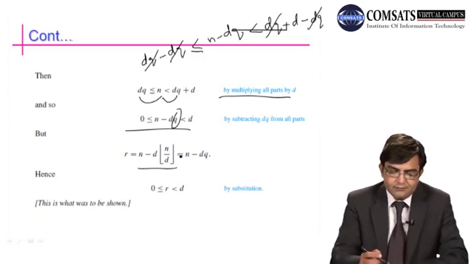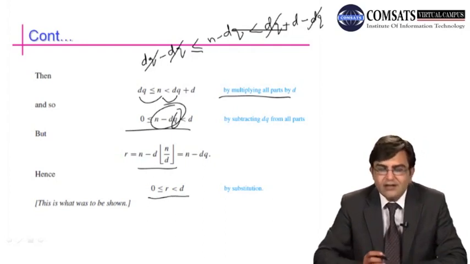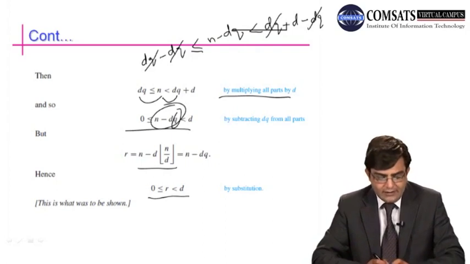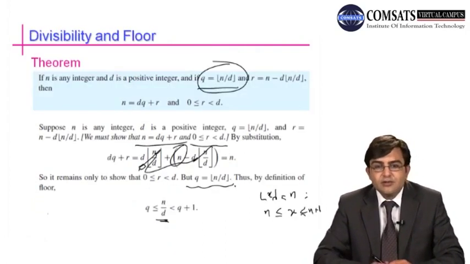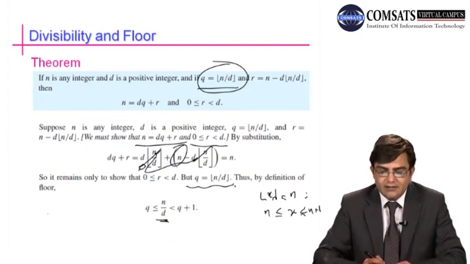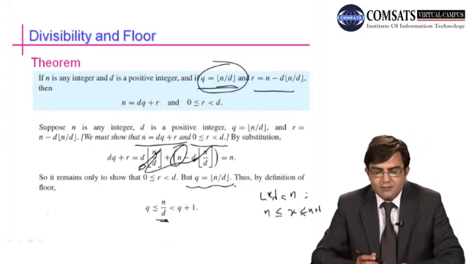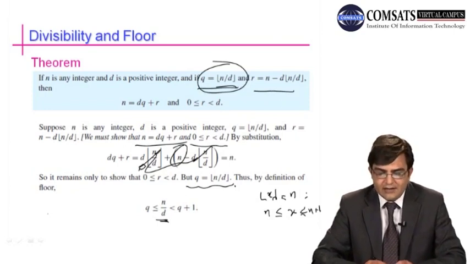So here we can write r is greater than or equal to 0 and less than d, which was required. And we have proved that n is equal to dq plus r, where r is greater than or equal to 0 and less than d, where q is floor of n by d, and r is n minus d into floor of n by d.